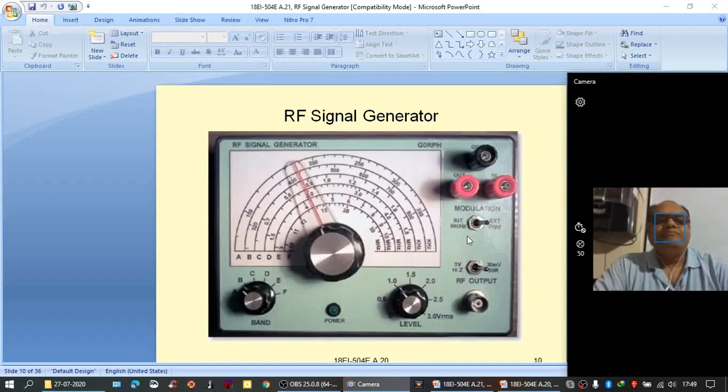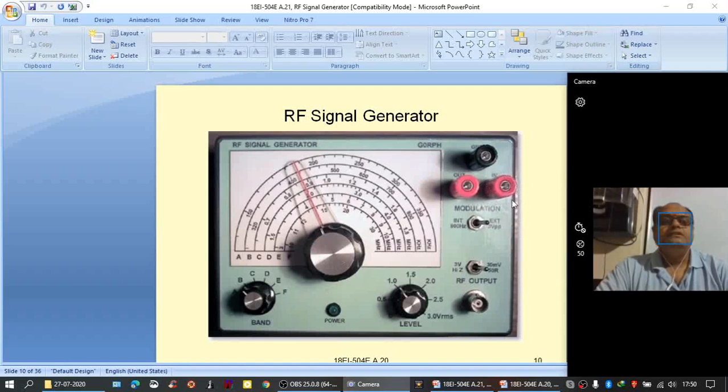So here there is a provision for modulation by using an internal circuit or internal signal, or by using an external signal also. So if you want to modulate the output of this radio frequency signal, then that external audio frequency signal is to be applied as input here.